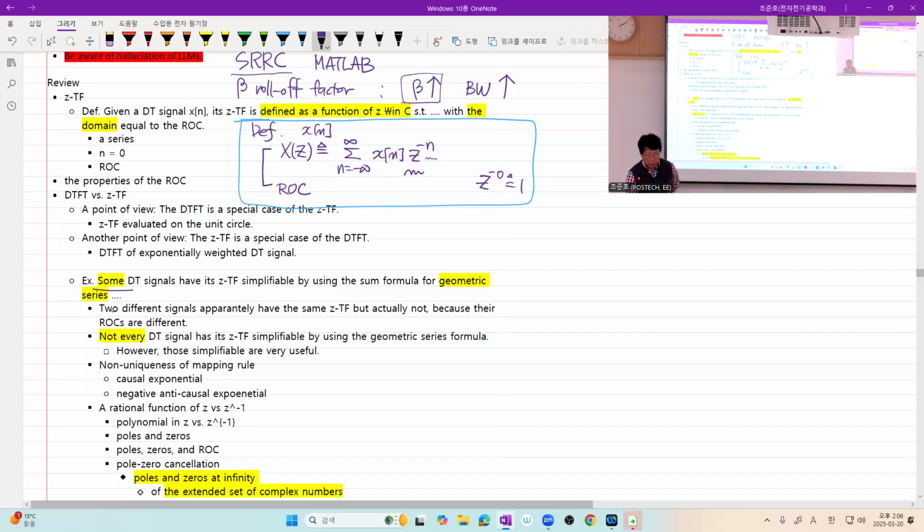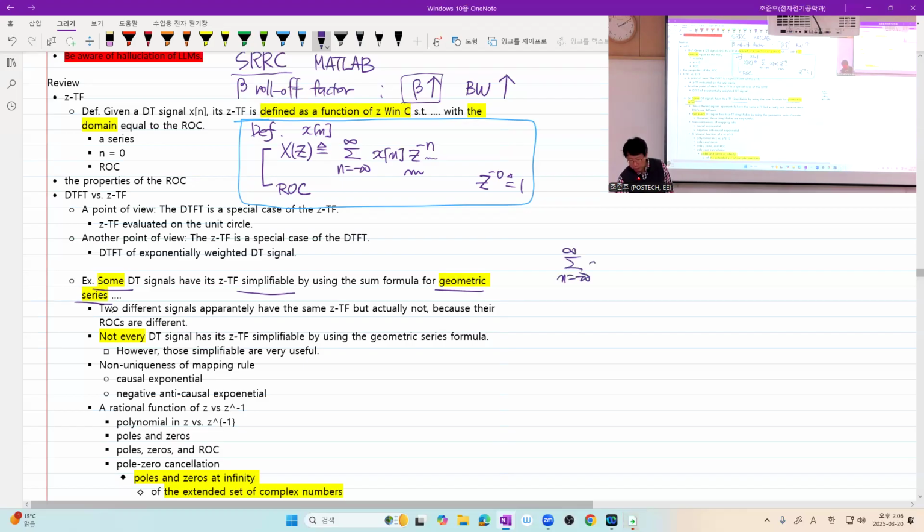So some discrete time signals have a simplifiable Z transform using the geometric series formula. But when you separate one infinite sum into two signals, you have to be careful.